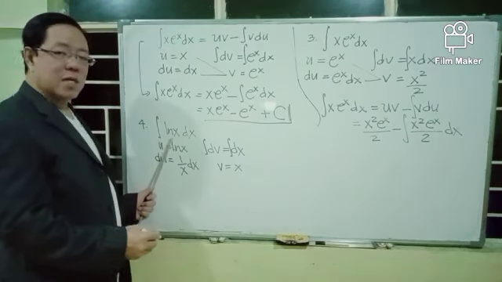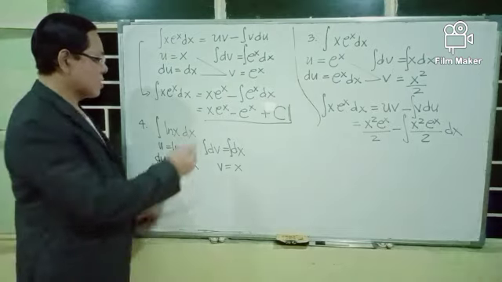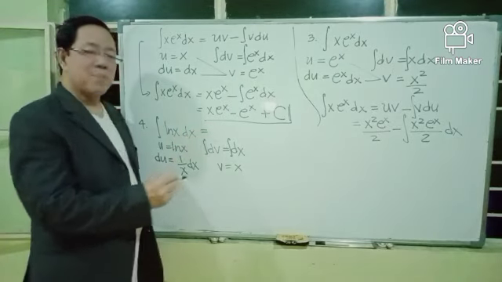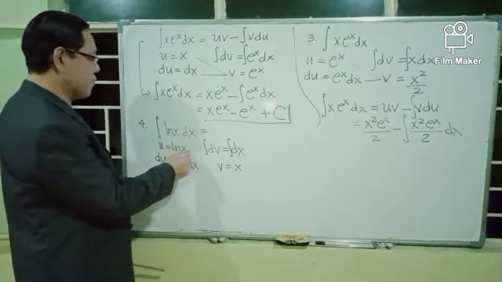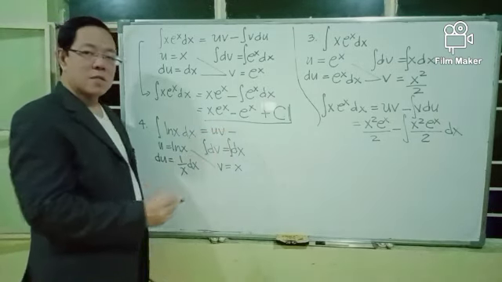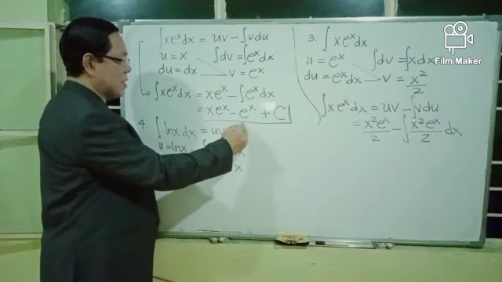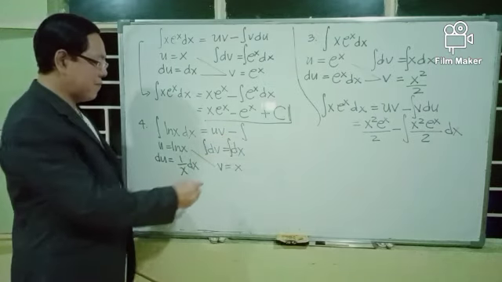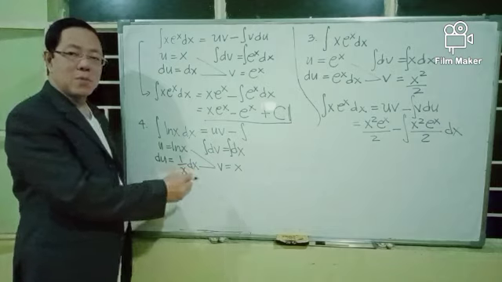Now the given integral of ln x dx by integration by parts is equal to uv minus the integral of v du.